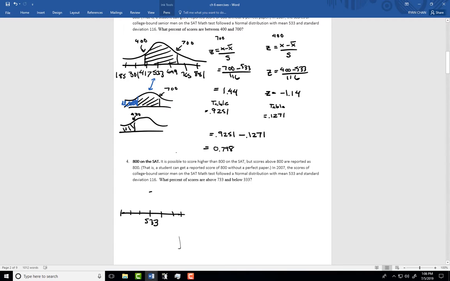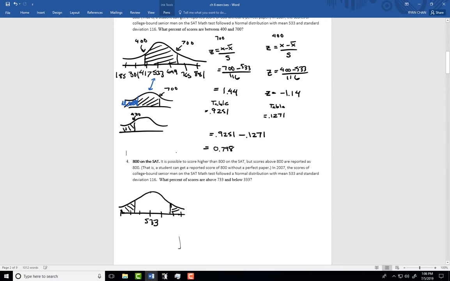I don't have time to do the hash marks right now, okay? But let's just do approximation, right? So 733, according to my situation, is approximately right here, and 333 is approximately right here. Okay, so it says what percentage of scores are above 733 and below 333.